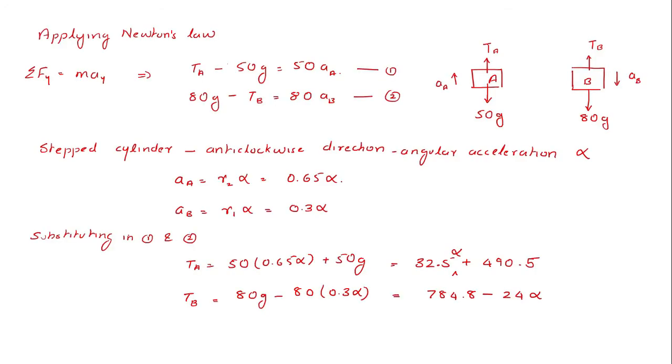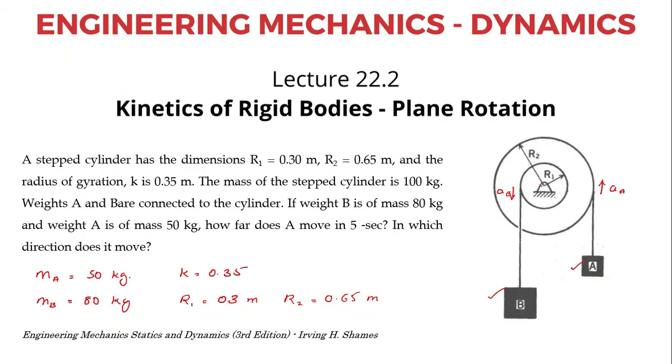Now we apply the equation M equals I into alpha, where M here is the moment or torque with respect to the center of the rotation. So in this figure, you have this corresponding body A at a distance of R1 and this corresponding body B at a distance of R2. If I take moment, the external force acting in this case is only the weight here.